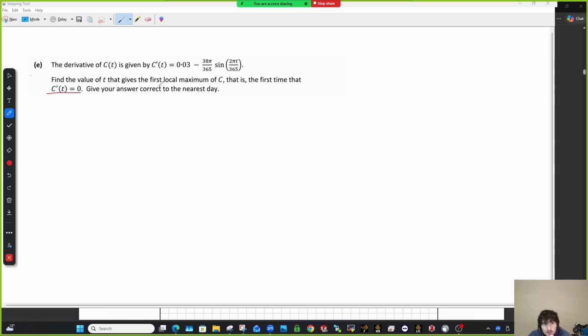So they've told you the thing here. If you want to find max and min points, what you do is you take the derivative, c dash t, you get that, and then you set it equal to 0, and this will get you your max and mins. So the idea is here we have 0.03 minus 38 pi over 365, and we have sine 2 pi t over 365.